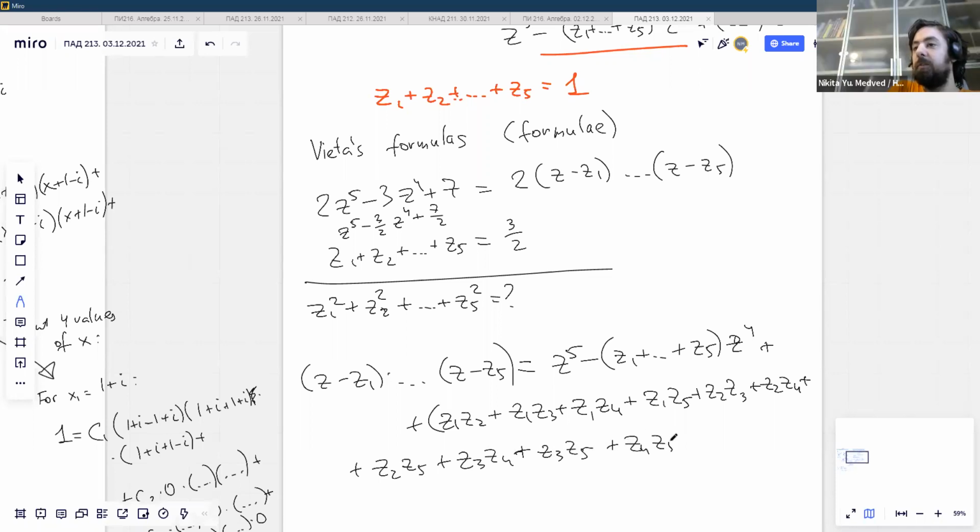Let me finish it. So again, if you look at this product, there are 5 brackets. To get z cubed, you need to pick z from 3 brackets. Then you get 1z, 2z, 3z, z cubed. But then from 2 other brackets, you pick numbers, minus z1, for example, and minus z5.